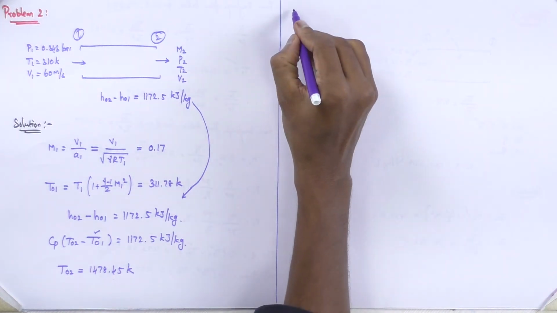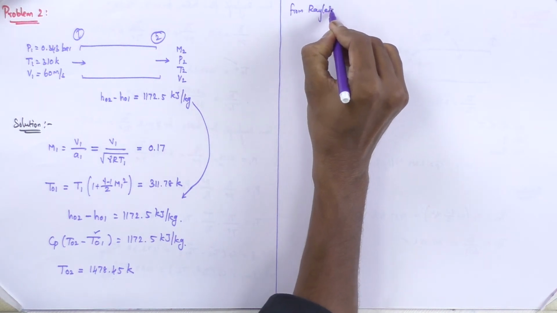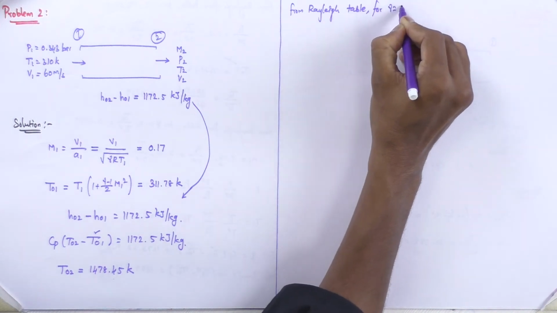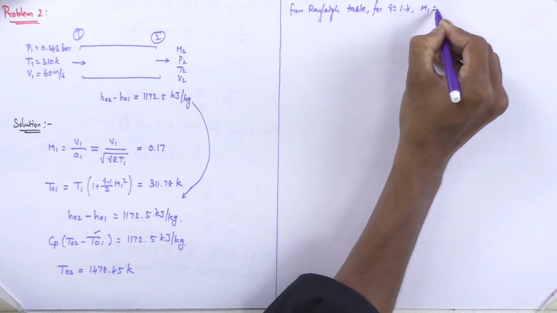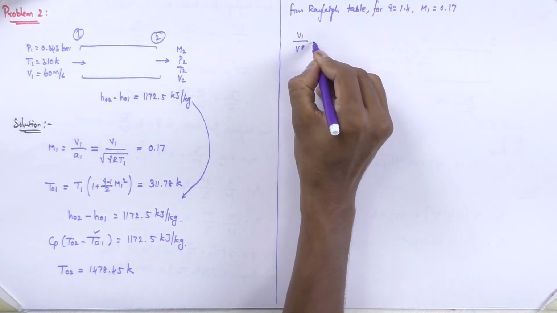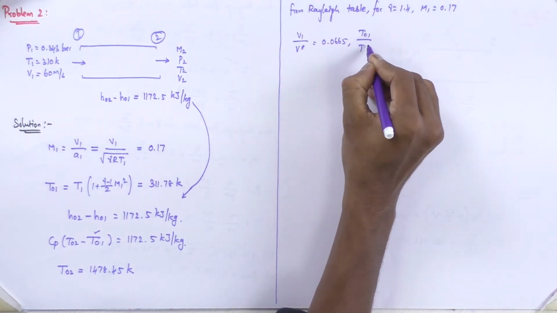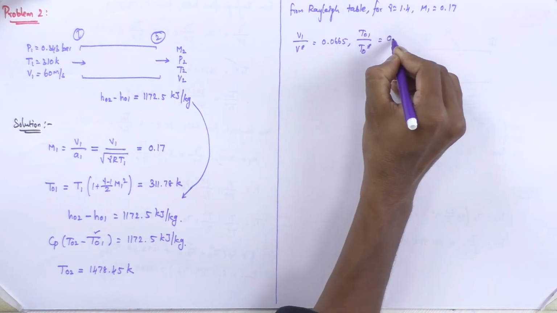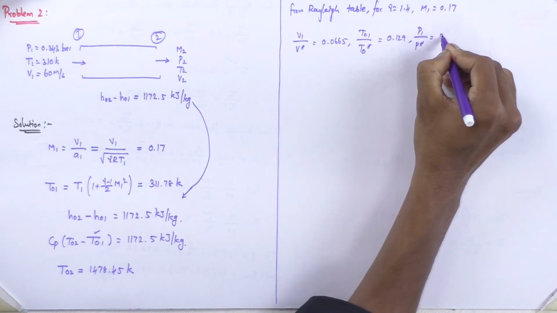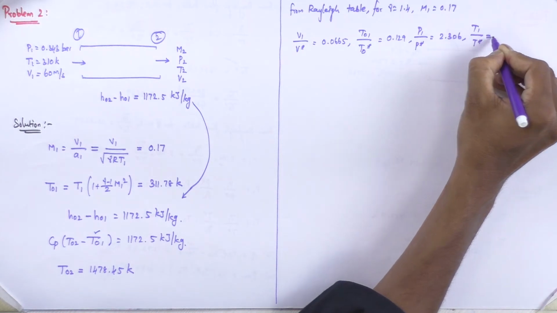Now let us relate inlet properties with sonic condition. From Rayleigh table, for gamma is equal to 1.4 and M1 is equal to 0.17, V1 by V star is equal to 0.0665, then T01 divided by T0 star is equal to 0.129, then P1 by P star is equal to 2.306, then T1 by T star is equal to 0.154.